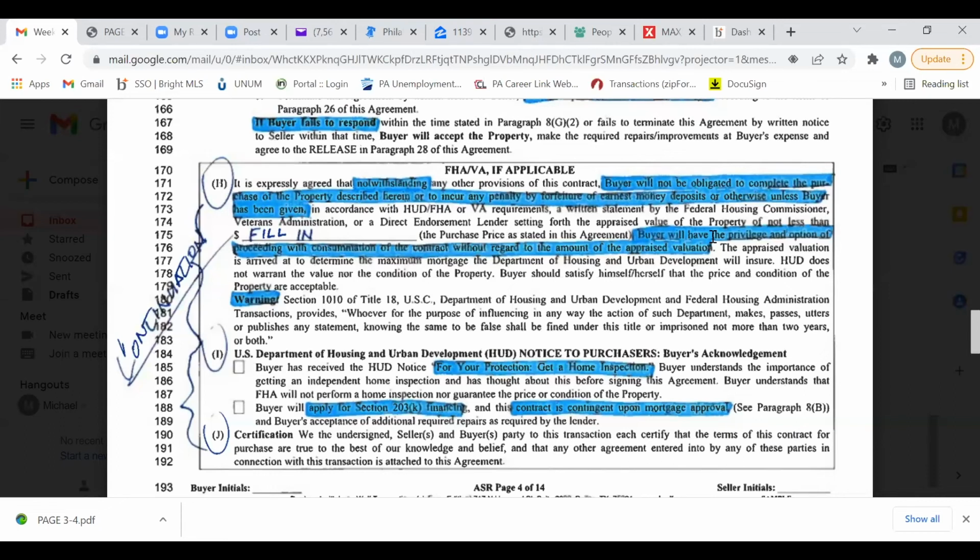And if it's because of some kind of reason, because maybe they lied on the application or something that they're in default, then maybe we can look at it and say that they're in default and the seller gets the deposit money.